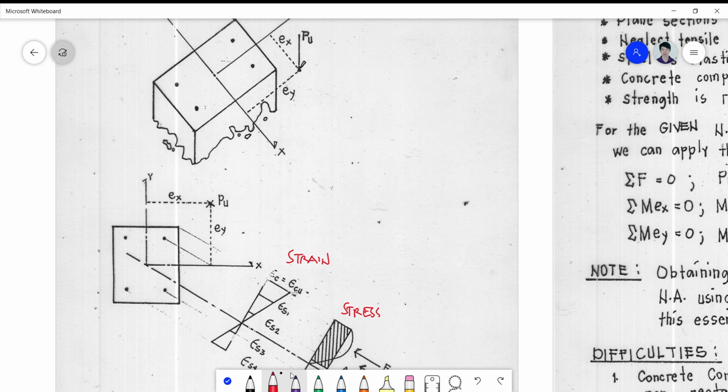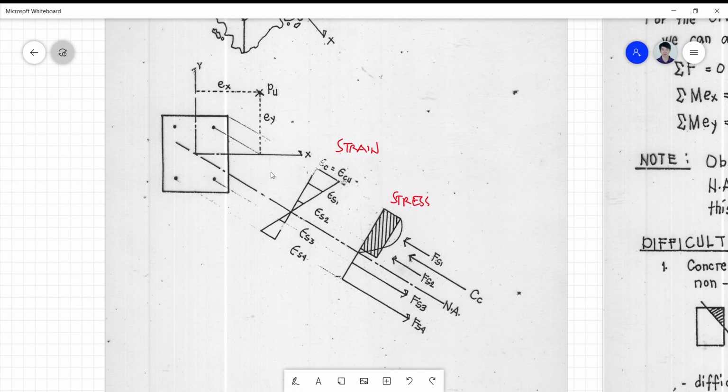Okay, so we can come up with these diagrams. All you have to do is to solve the capacity in terms of the equilibrium conditions.